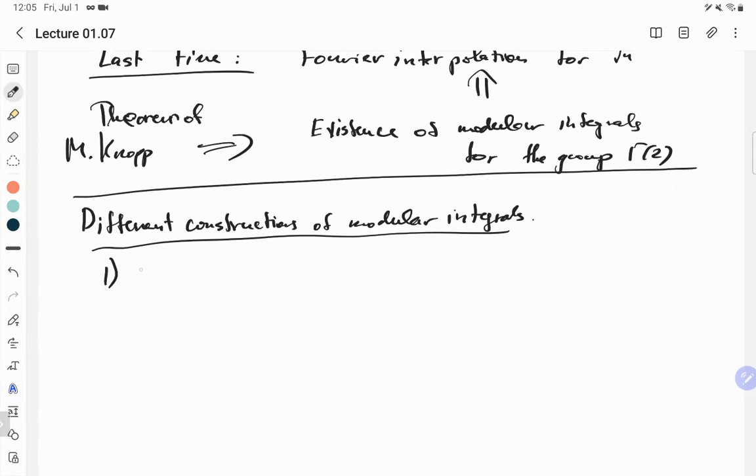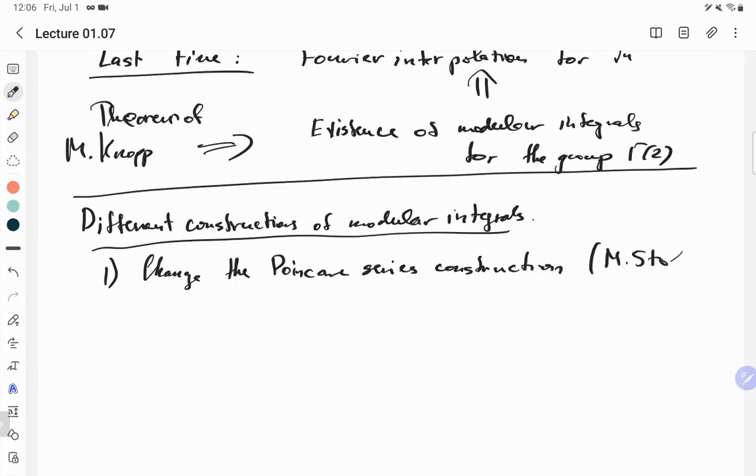You change the construction of the Poincare series in a way that you don't have to raise the weight, then divide through by Eisenstein series. So you can change it in a non-trivial way that actually directly gives you a solution to this modular integral problem. This is a student of Marina, Martin Stoller.